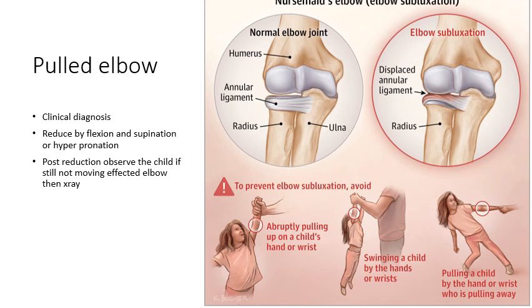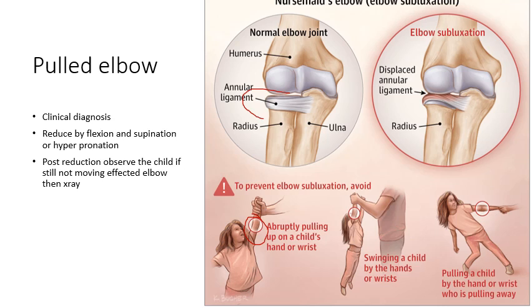Now, pulled elbow. Pulled elbow is basically tested more in your OSCE examinations, but you never know. You can put up a question about pulled elbow. What do you mean by pulled elbow? In the pediatric age group, when there is a pull, for example, in this picture, by any of these three mechanisms, there are chances that the radial head gets dislodged.